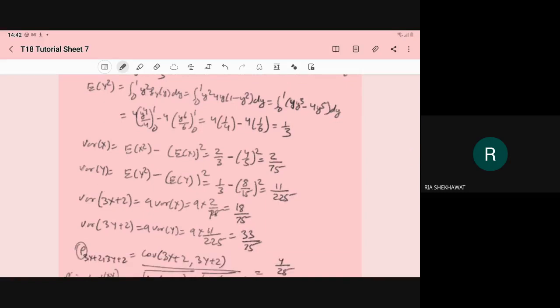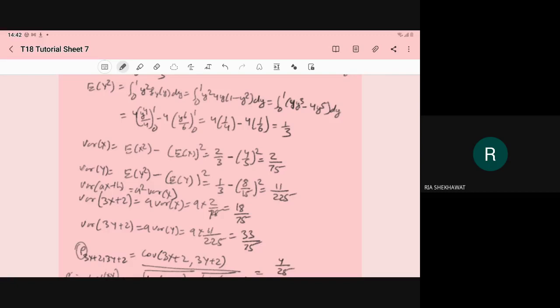The variance of 3x plus 2 will become 9 into... what is the variance of ax plus b? It is a square into the variance of x. When I explained the properties of the variance, we had this.